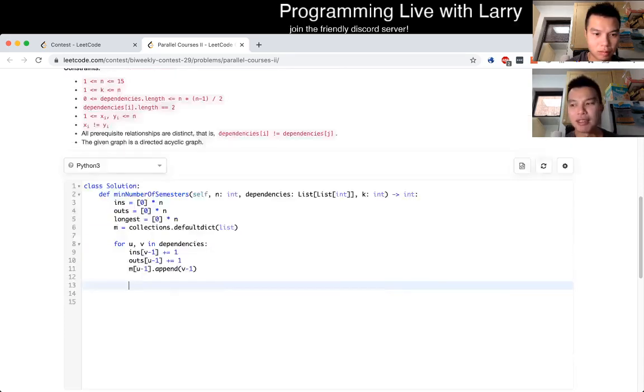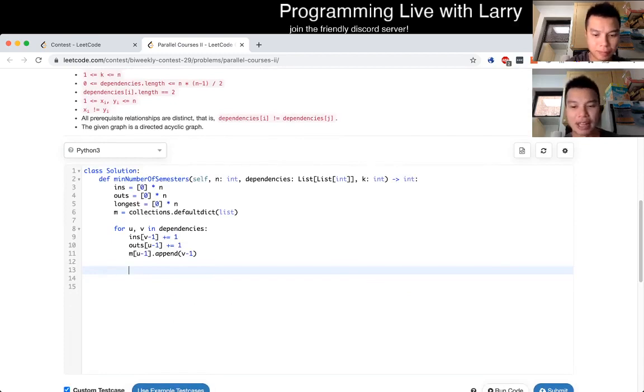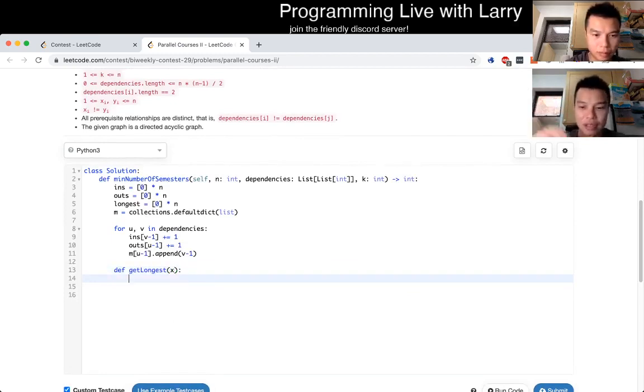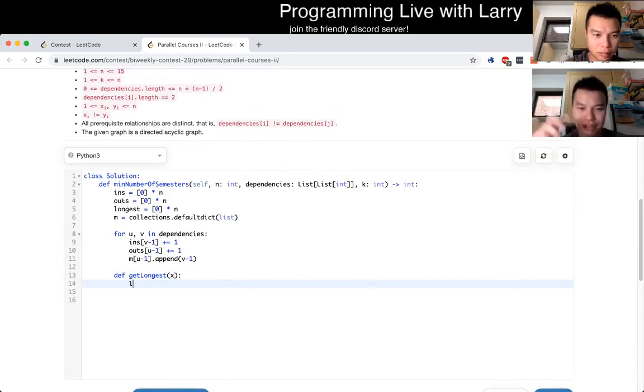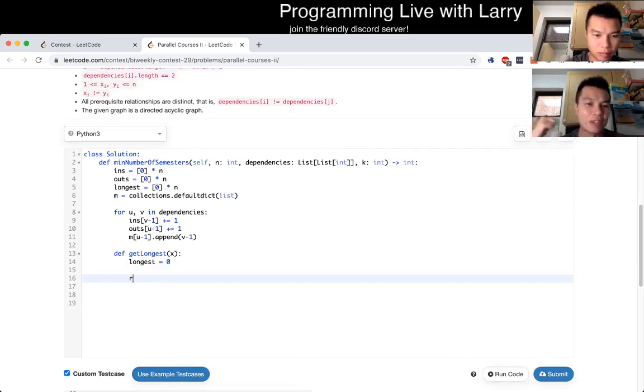Basically, the greedy part comes from figuring out that given the longest path of this graph, that will always be at least the minimum length, the smallest minimum number of semesters.